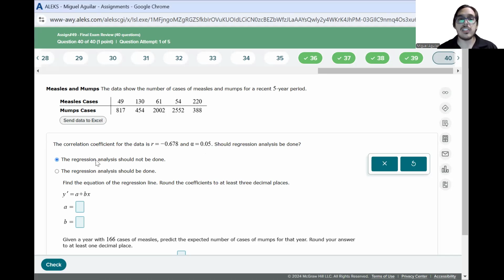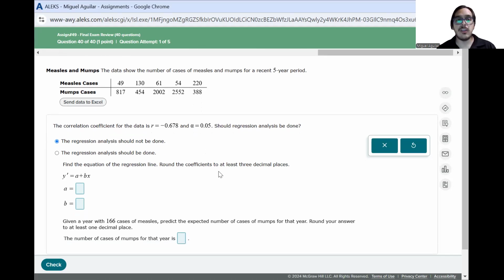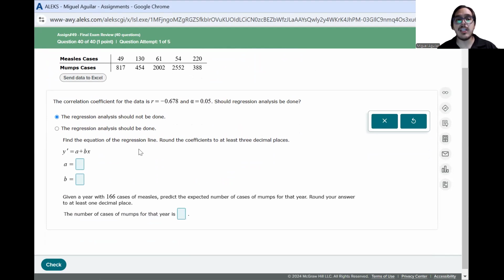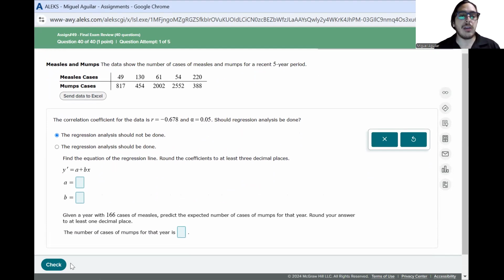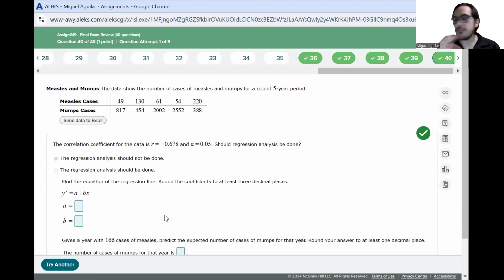No, the regression analysis should not be done. That's going to save us some time because in the universe where the p-value is good and we should do the regression, we'd have to do some additional work. But for that one, we're just going to check. And we're done.